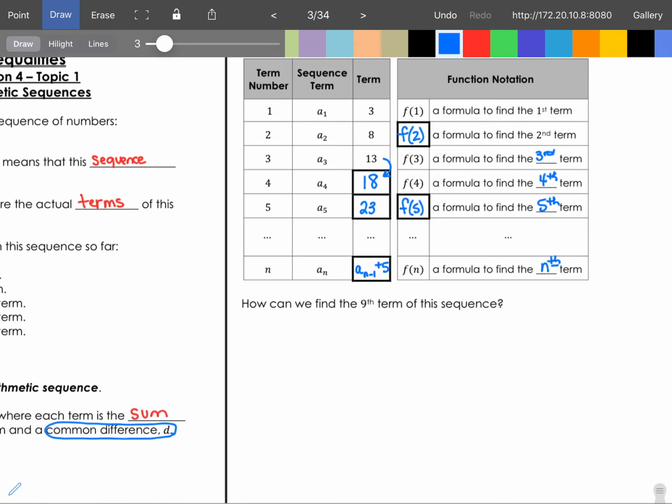How can we find the 9th term of this sequence? So we've found up to the 5th term. If we wanted to find the 9th term, we could just keep adding that common difference of 5 until we get to the 9th term. So we can say keep adding the common difference until we reach the 9th term.